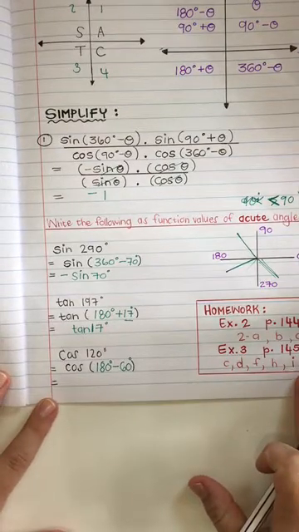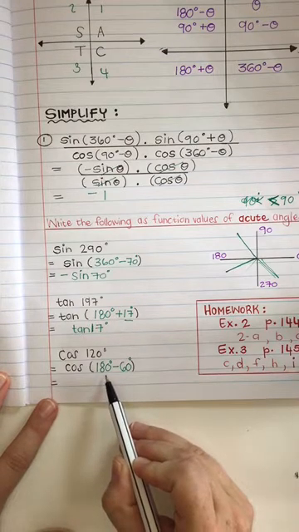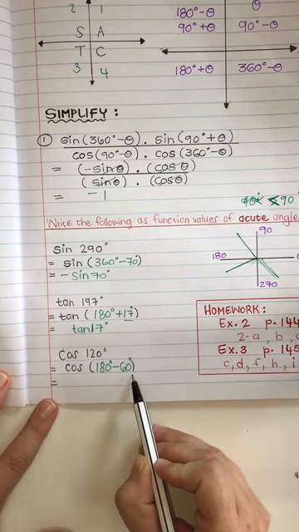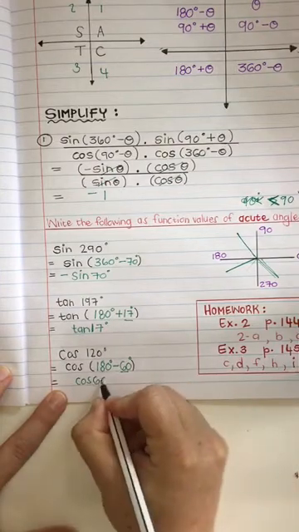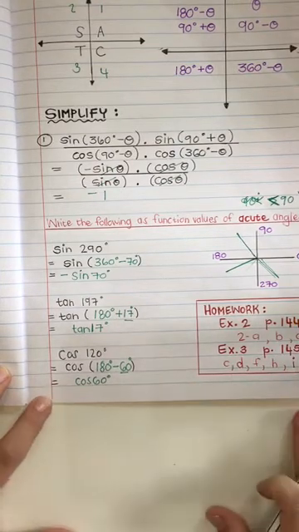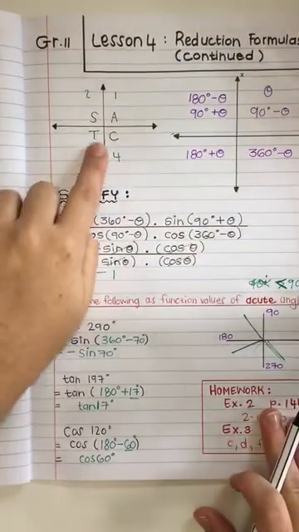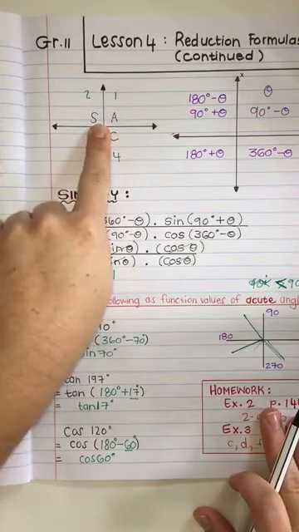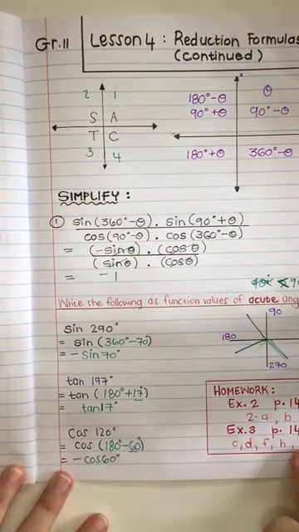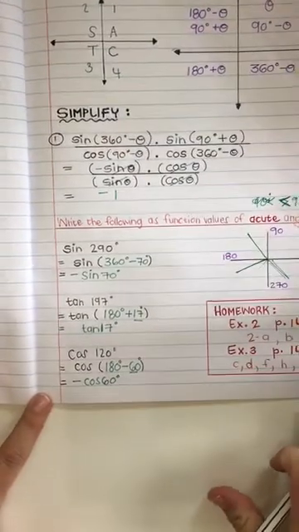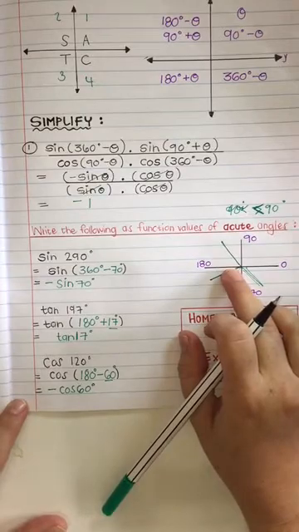And again, guys, our rule says cos of 180 degrees minus any angle will be the same as cos of that angle. Now let's just make sure whether it is a positive or a negative. In the second quadrant, only sine is positive. So this is going to be negative cos of 60 degrees because cos is always negative in the second quadrant.